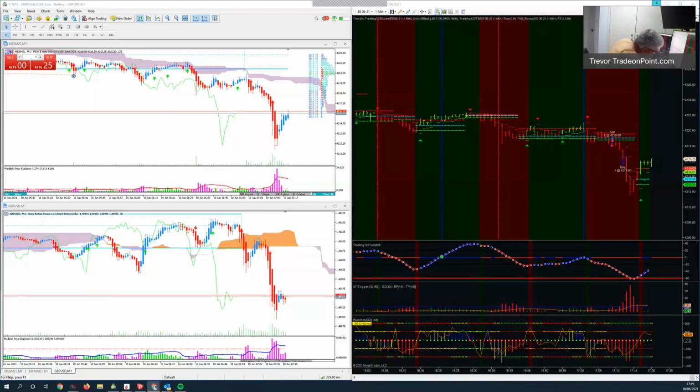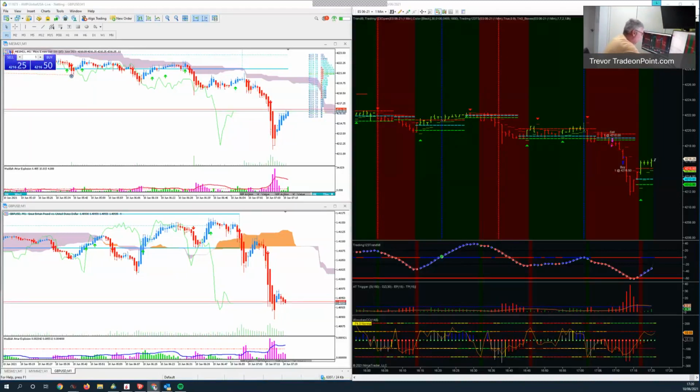I had a lot of questions about my trade setup, and I'll go through it now. What you need, what the minimum requirements I would be looking at. One thing I don't have enough of is PowerPoints.